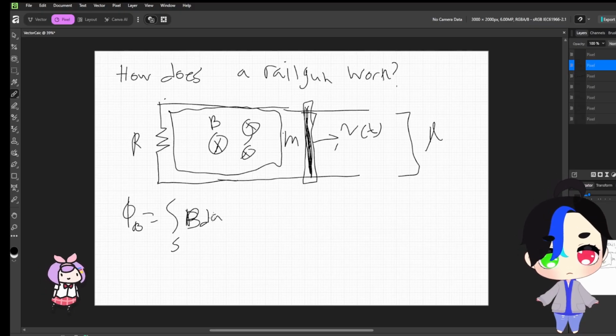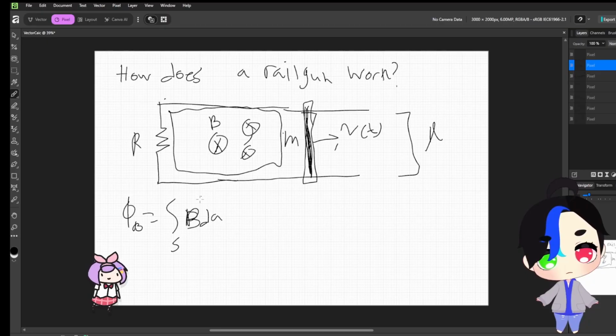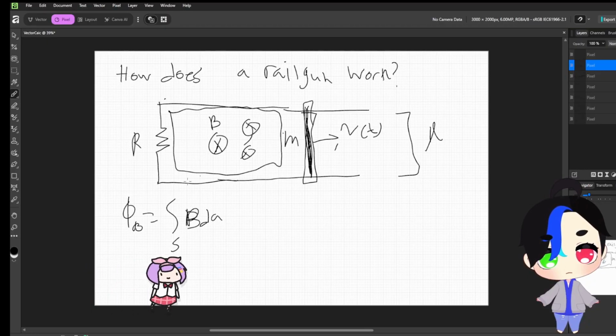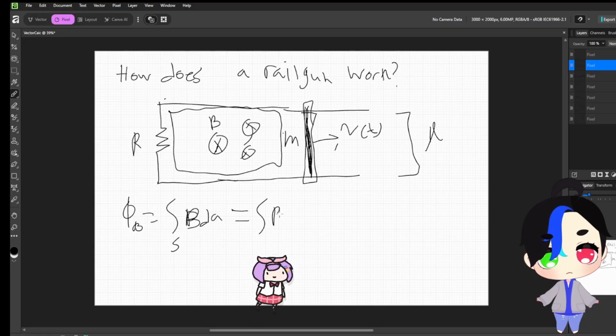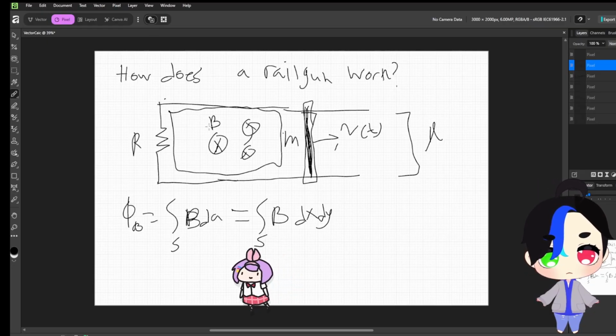Because the area vector and the magnetic field vector are parallel, this just becomes the area integral of B dA. And because our area is a rectangle, this is the double integral of dx dy over the surface. Well, this B, I said, is constant.